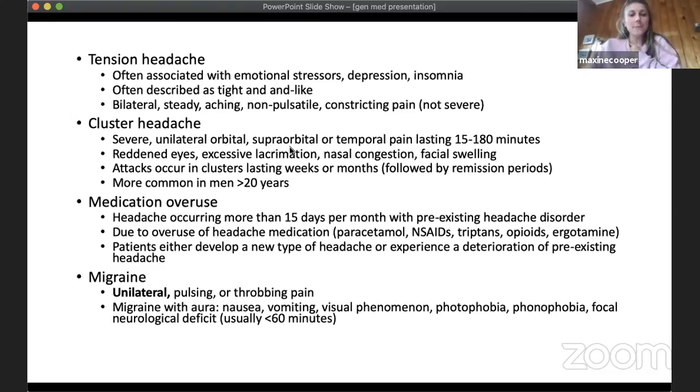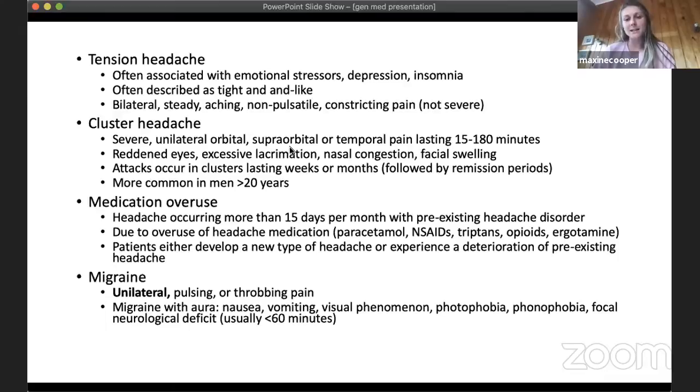Okay. So we talked about tension. Next would be cluster headache. And it's in the name, the nature of this: they often appear in clusters. They're recurrent attacks of these headaches, often quite severe, and often unilateral, surrounding the orbital area, so around the eye. They could be above, behind, or below.